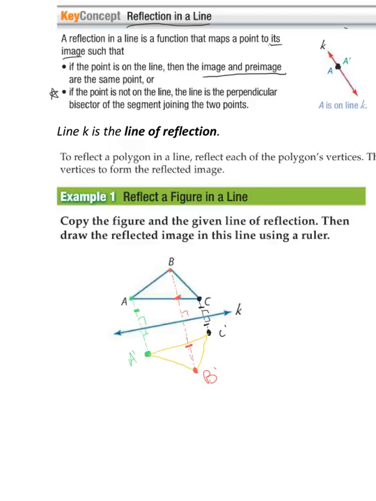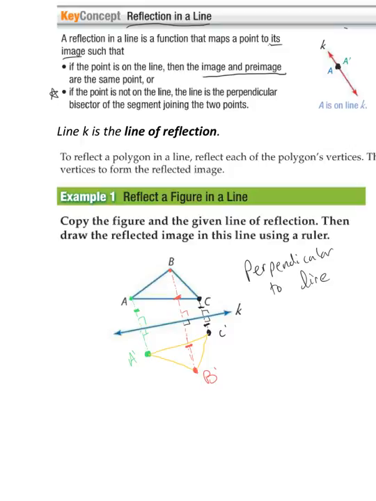Again, the main points of reflecting this: you want all of these segments to be congruent, and all of these segments need to be perpendicular, 90 degrees, to line K. Apologize there, about to write that.